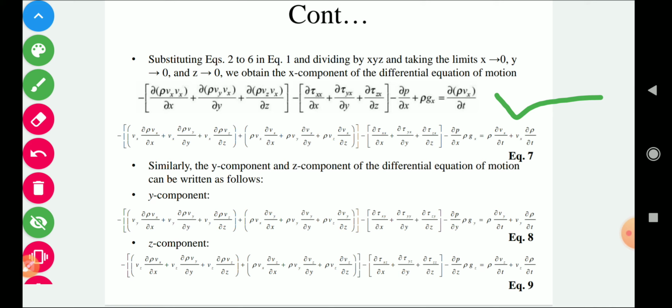Or you can simplify this equation by differentiating this term. Let's say rho Vx is one term and Vx is the remaining term. So it's the differentiation of a product of two variables, which will be this one.